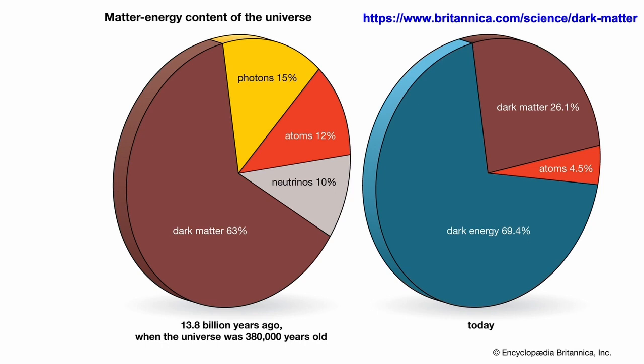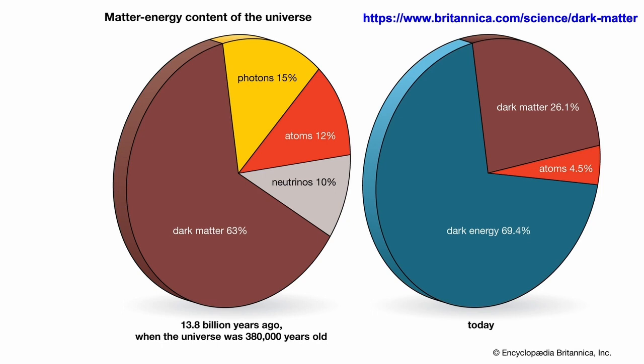This baryonic or ordinary component of dark matter has been determined by measuring the abundance of the elements heavier than hydrogen that were created in the first few minutes after the Big Bang occurred 13.8 billion years ago.